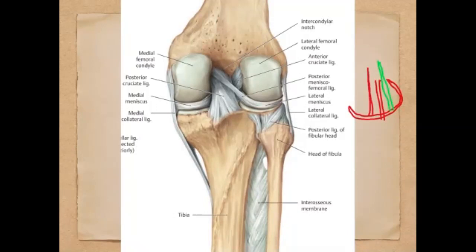Okay, posterior to the cruciate ligament. So if these bands are anterior to the cruciate ligament, they are called anterior meniscofemoral ligament. Okay, if they are posterior to this, posterior meniscofemoral. So this is posterior meniscofemoral ligament.